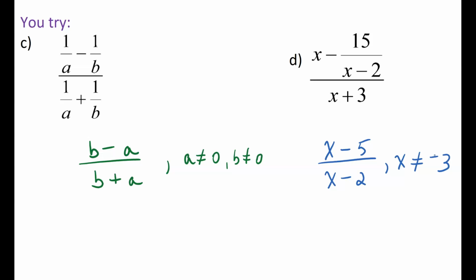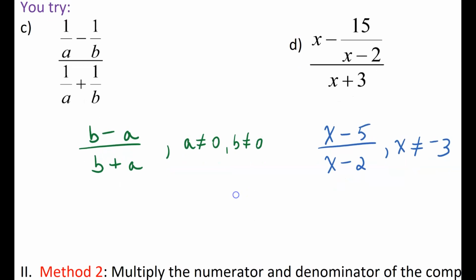So that's x squared. Wait, where did the negative 2 come from? For the x minus 5 over x minus 2. Let's see. So, in order to get a common denominator up here, we would have to multiply this one by x minus 2 over x minus 2.